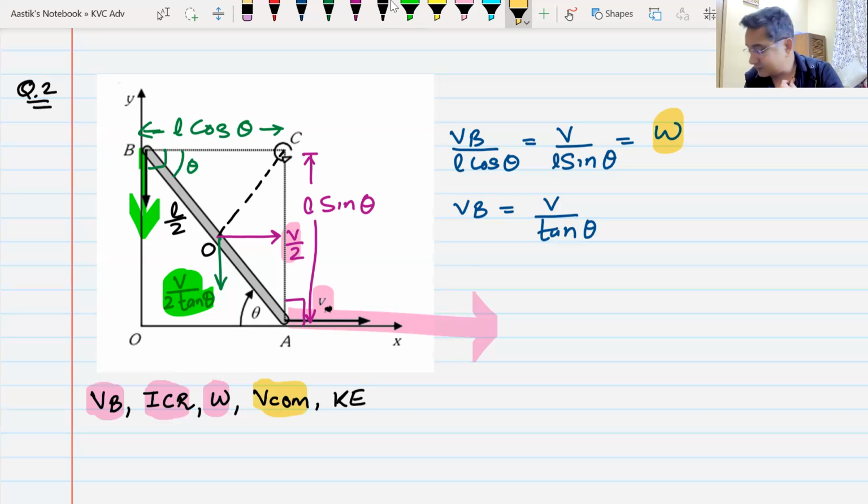Anyone understands this? Yes, sir. Pakka? Yes, sir. Okay. Now you can also find out the angle that this velocity makes with the x-axis.